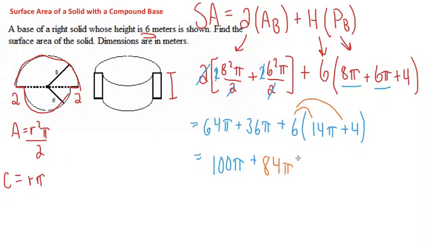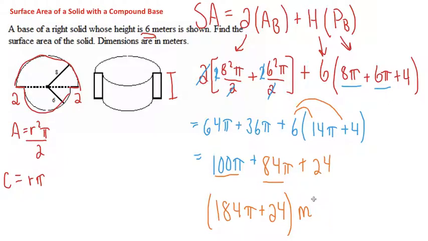And then 6 times 4 is 24. Now I have more like terms, I can combine these 2. So I'm going to get 184 pi plus 24. This is as much as I can simplify. So I'll just add the units now, which is meters squared, since I'm talking about area. Let's do another example.